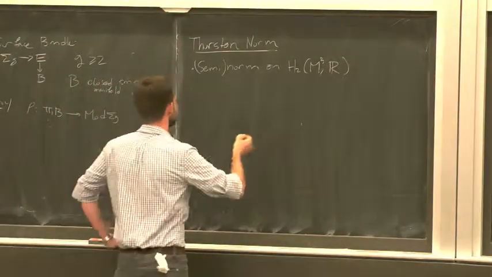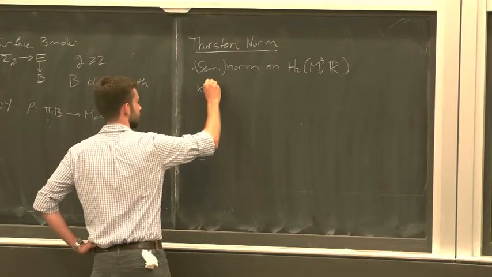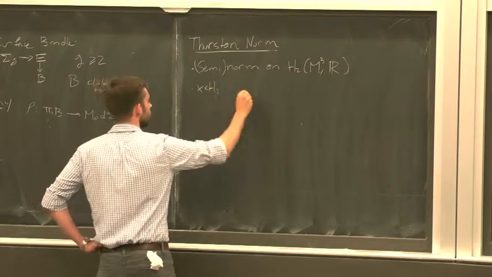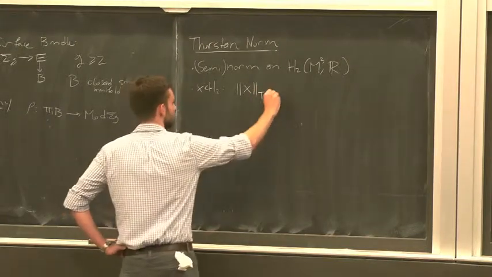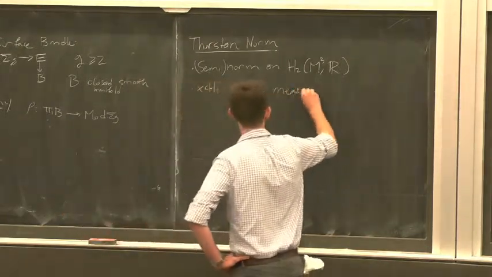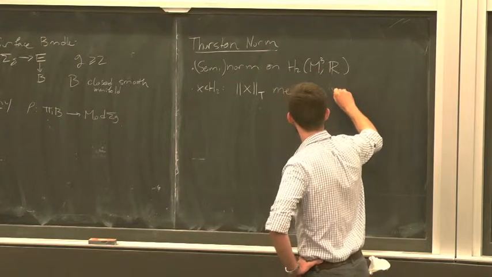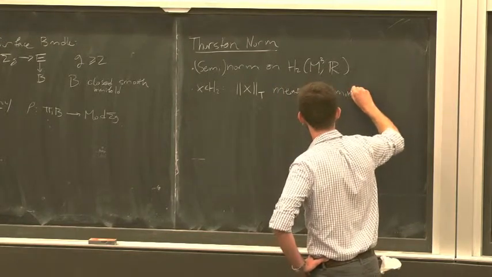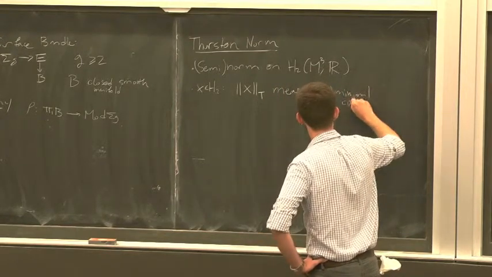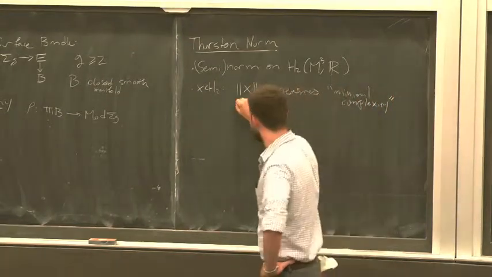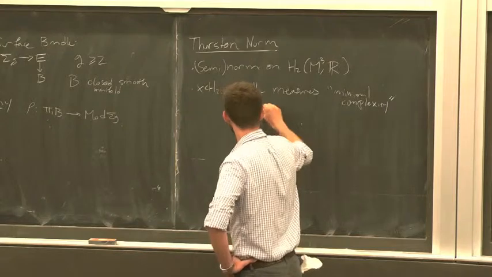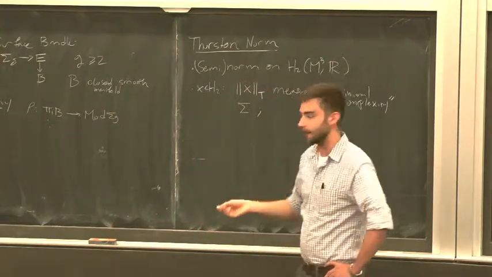So first of all, what is this measure? So if I have some class x in H2, the Thurston norm, which I'll write norm sub T, this measures, in some loose sense, the minimal complexity of an embedded surface sigma that represents the homology class.